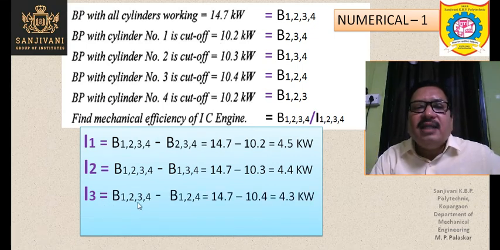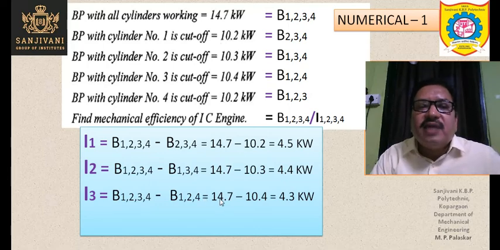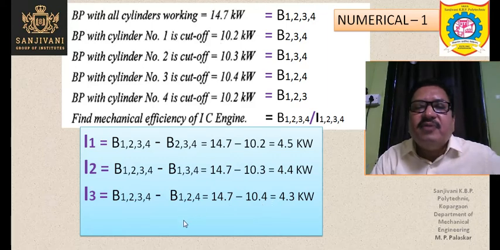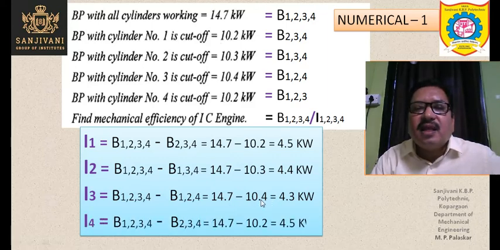Now I3 is equal to B1234 minus B124. So that is 14.7 minus 10.4. 10.4 is the value of B124, and we get 4.3 kilowatt. Similarly, I4 is equal to 4.5 kilowatt.